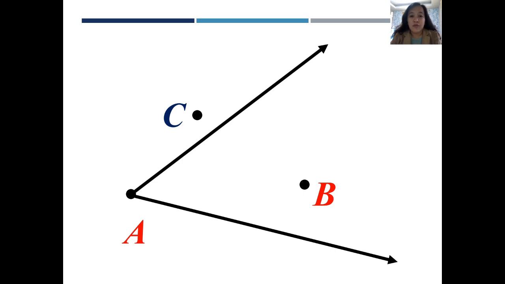Given angle A, we have point C and point D. Which of these 2 points, B and C, is the interior point? What about the exterior point? Exactly. Point B is the interior point, while point C is the exterior point.